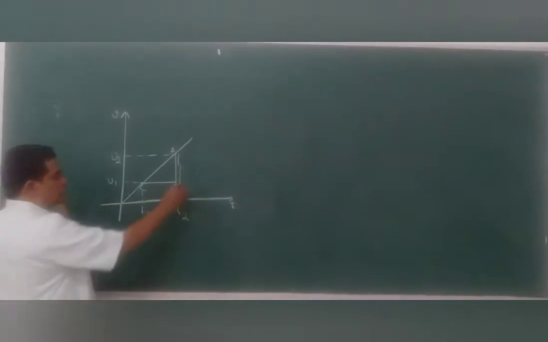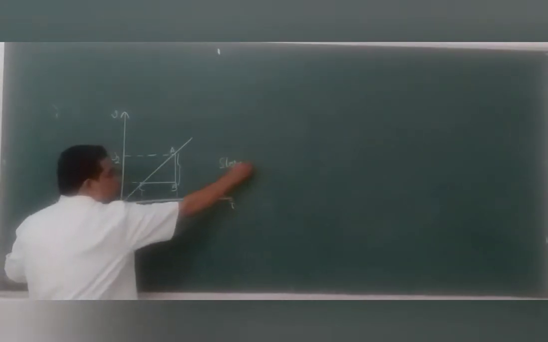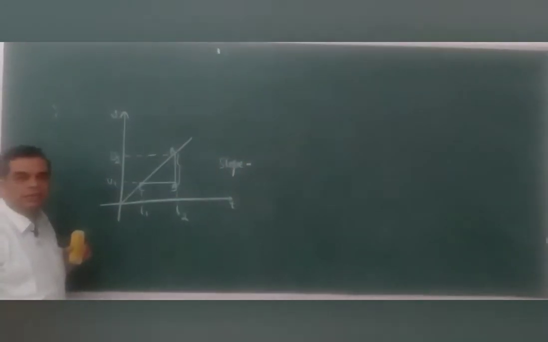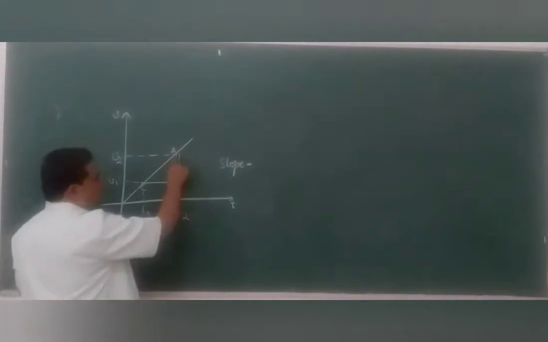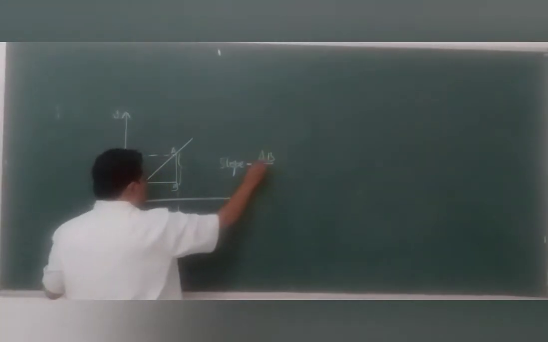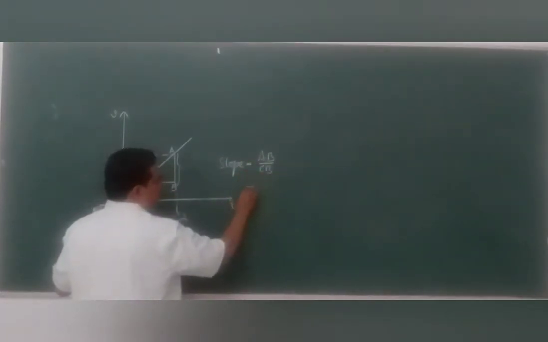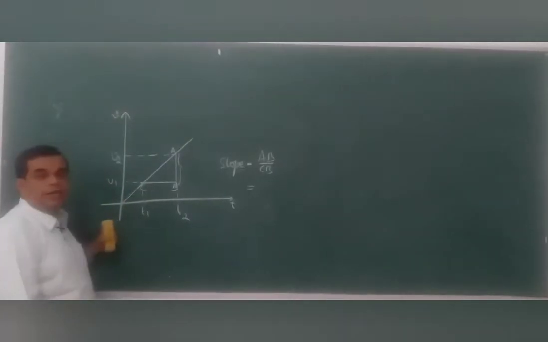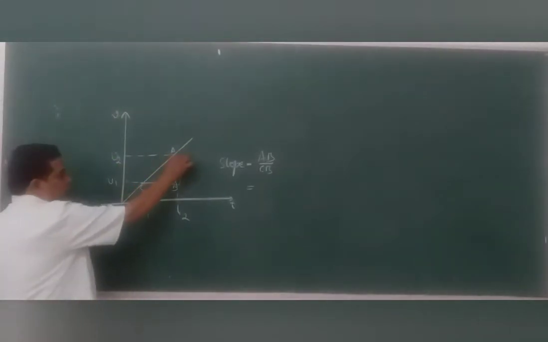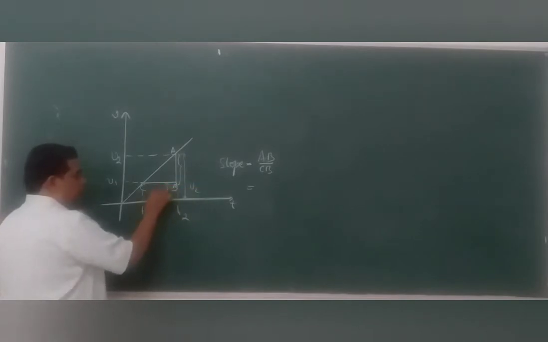Then what is the slope of this straight line? It is the change on the y-axis, that is AB, divided by the change on the x-axis, BC or CB, you can write it in any manner. What is AB? Observe, this is V2 and this one is V1.